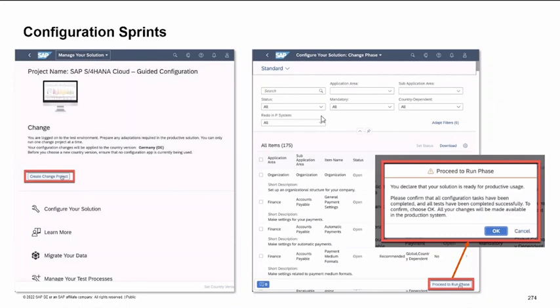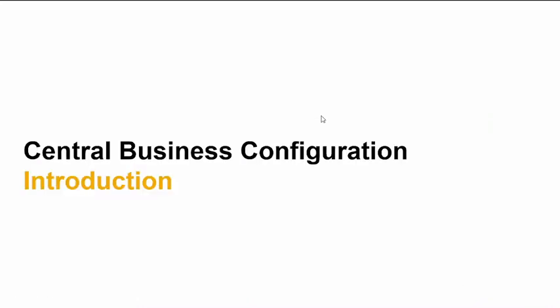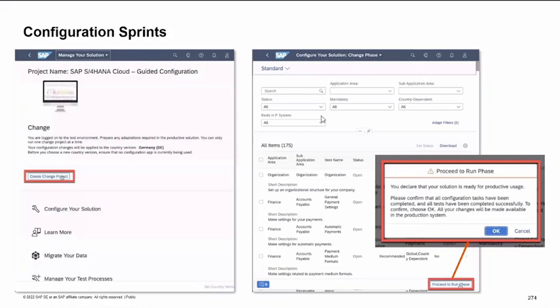And to do this, again, you select everything. You say, okay, I confirm the items and then proceed to run phase. And this means you declare that your solution is ready for productive usage, etc. So you transfer to the productive system and start again. All right.